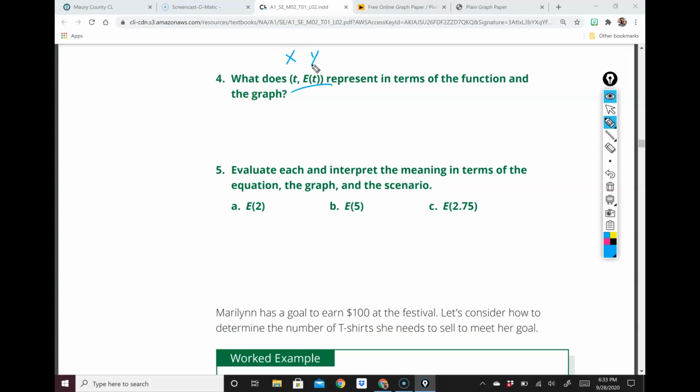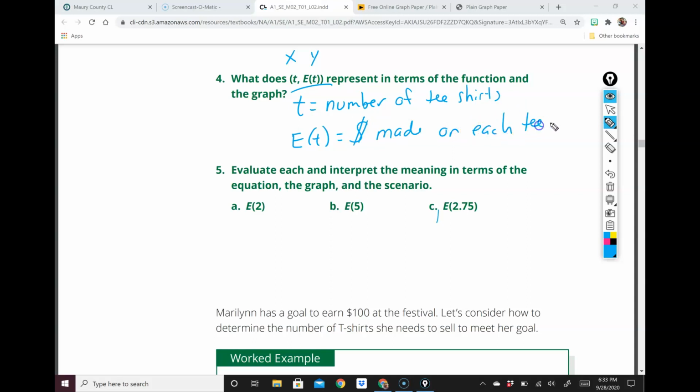So t represents the number of t-shirts. ET is the profit that you're going to make on each t-shirt.